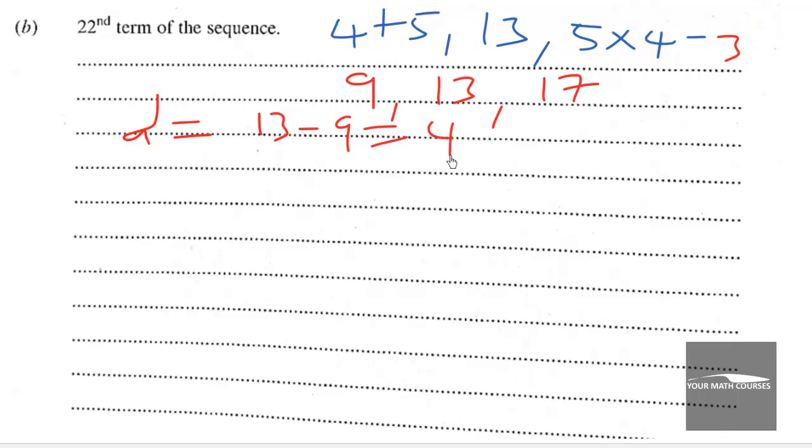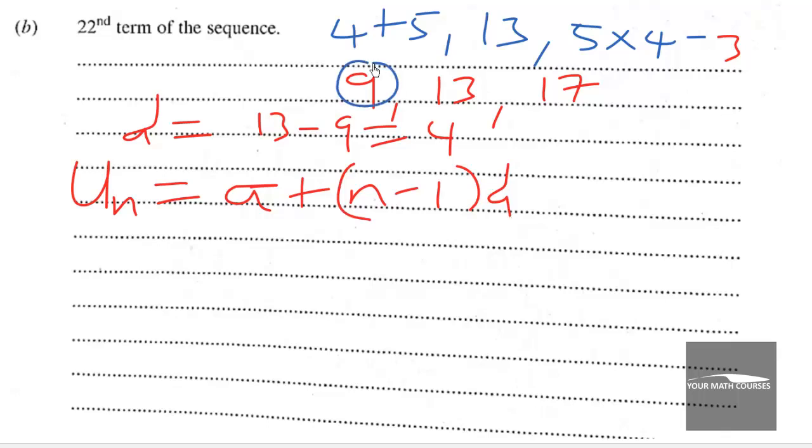And we know that for an arithmetic progression, the nth term is equal to a plus (n minus 1) times d. So the a is what we got here, which is 9. We are looking for the 22nd term, so n will be equal to 22.